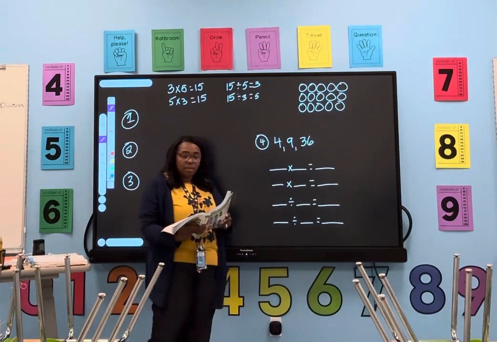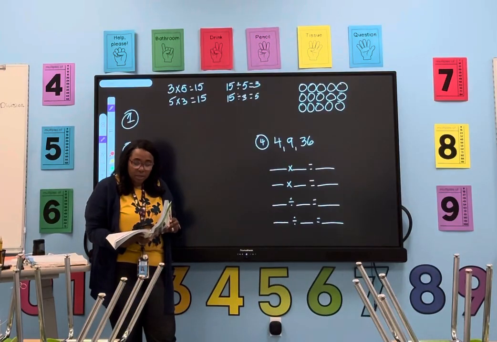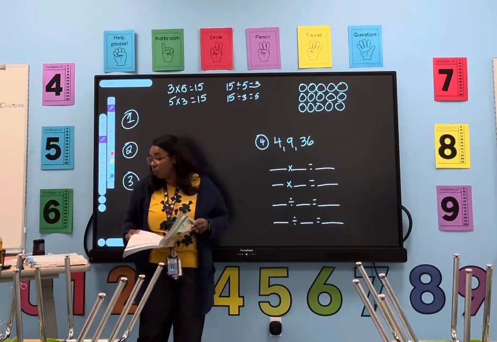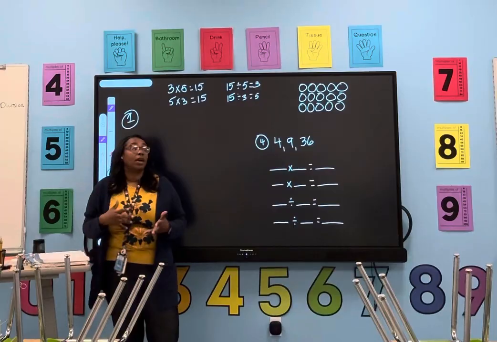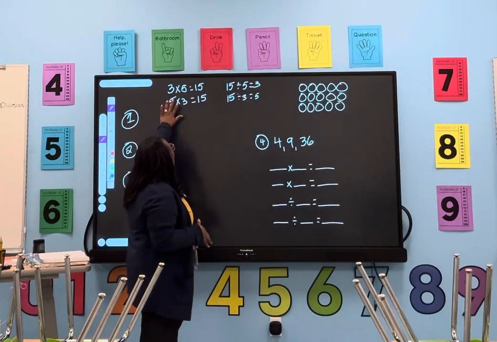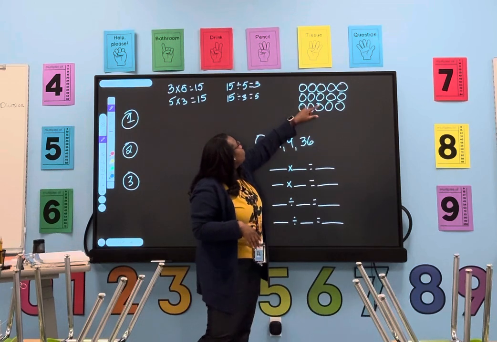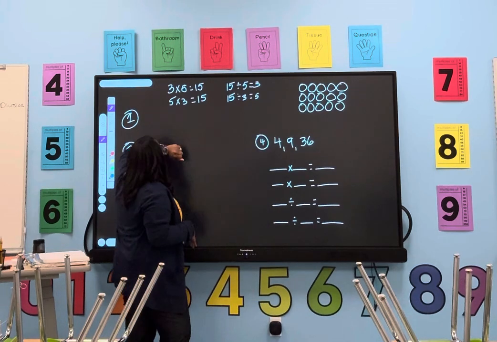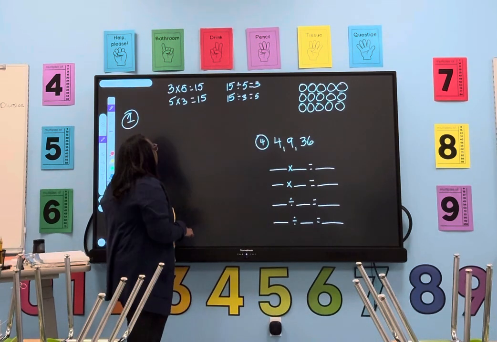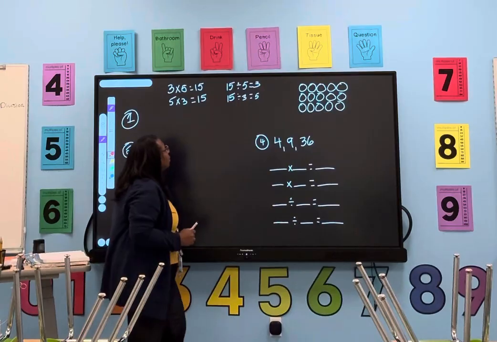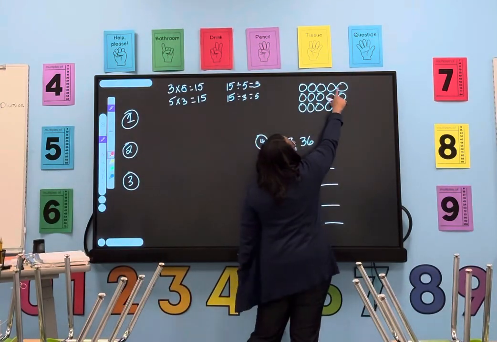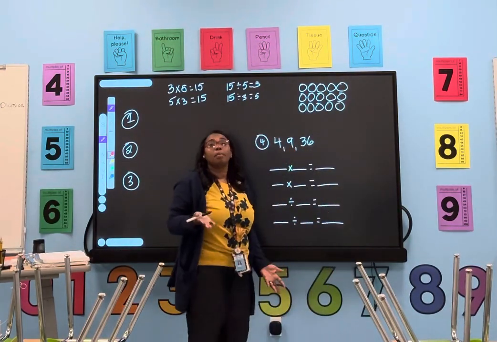And it says, the fact family describes the array in different ways. So they have a fact family, and this is the fact family they have up there. They have 3 times 5 equals 15 for 3 rows of 5, and altogether it's 15. And if you're not sure that it's 15, you can always put a skip count on the side, because if I have 5 in each row, I can skip count by 5s.